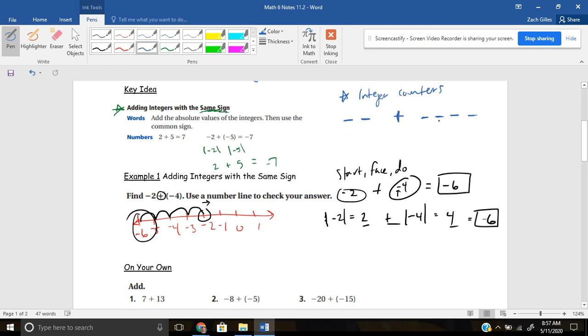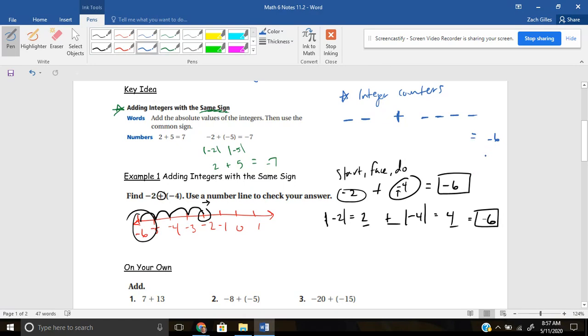I've got 2 negatives, and if I added 4 negatives, I'd be at 6 negatives. Think about it as Legos. Here's 2 Legos plus 4 Legos, and if I add them all together, I'd have 6 Legos. But since they're negative, I have negative 6 of them.